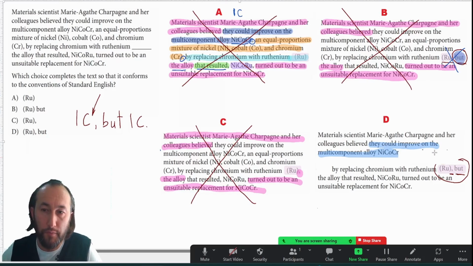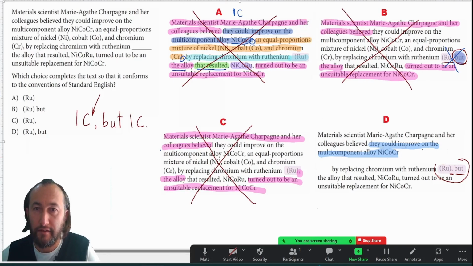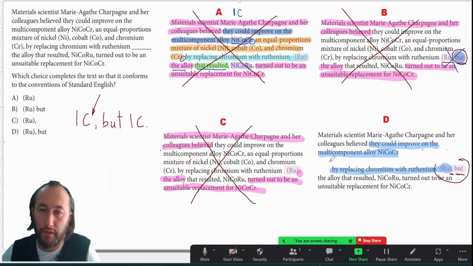Now they could improve on the multi-component alloy NiCoCr by replacing, you see, by is a preposition, replacing chromium. This is a prepositional phrase. Ru is included here.